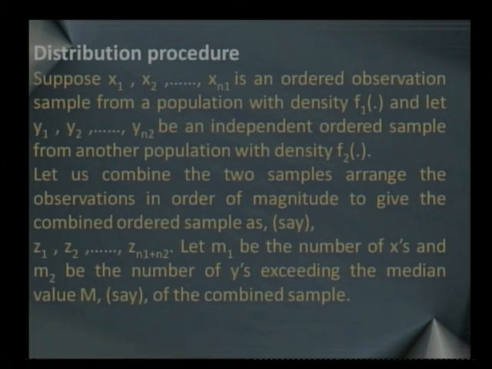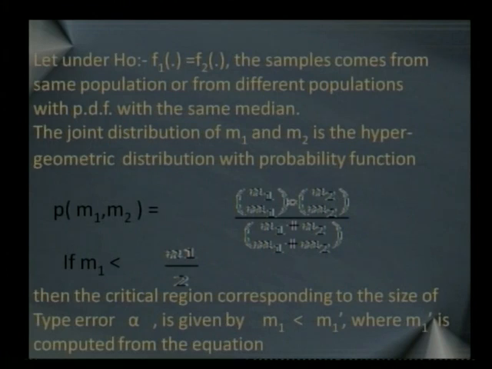Now how to define it? Let m1 be the number of x and m2 be the number of y exceeding the median value M of the combined sample. So I have defined m1 as the count of values greater than the median and m2 as the count of values less than the median. What will be the test statistic or null hypothesis?